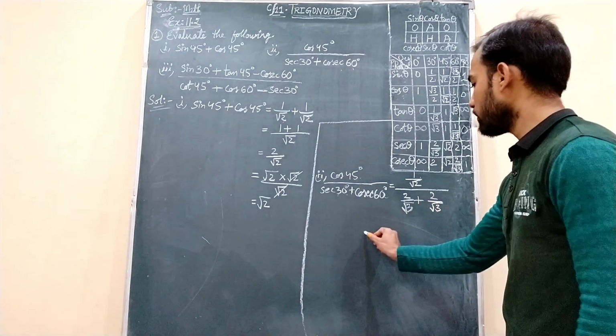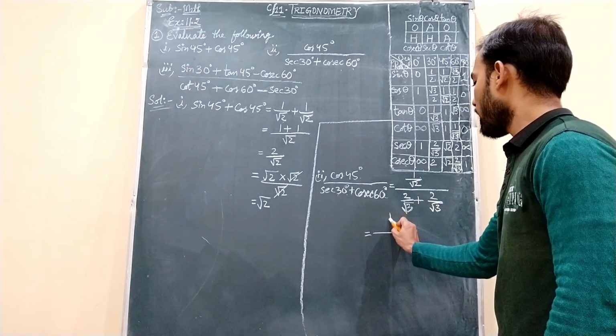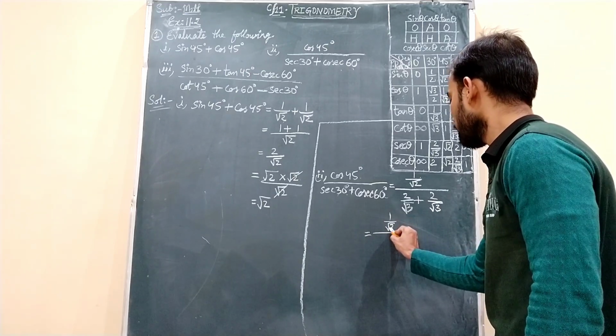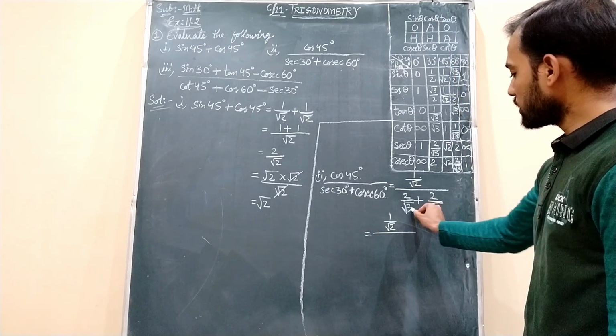Here the numerator is only single, so we will keep it as it is, 1 by root 2. Here again we need to add them.